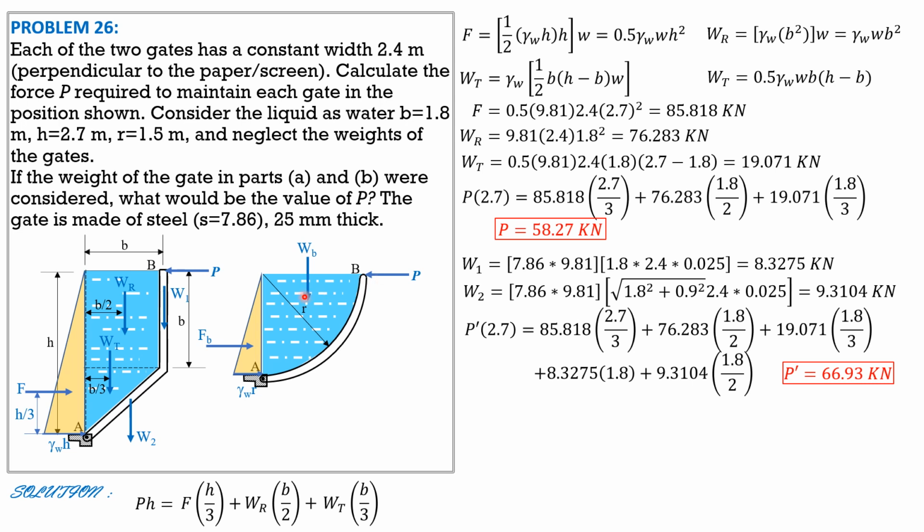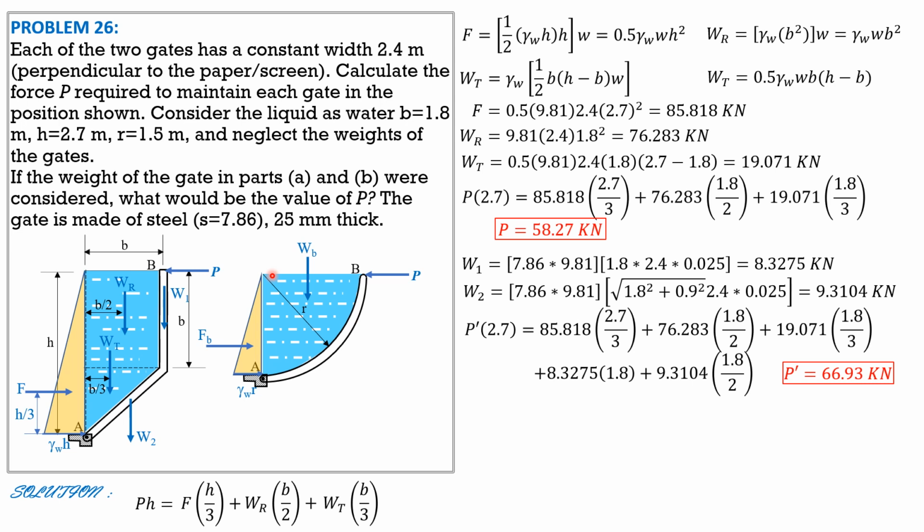And that distance is 4R over 3 pi, but we don't worry about that because by principle, the resultant of the horizontal force and vertical force on this circular gate by principle passes through the center of the circular gate here.